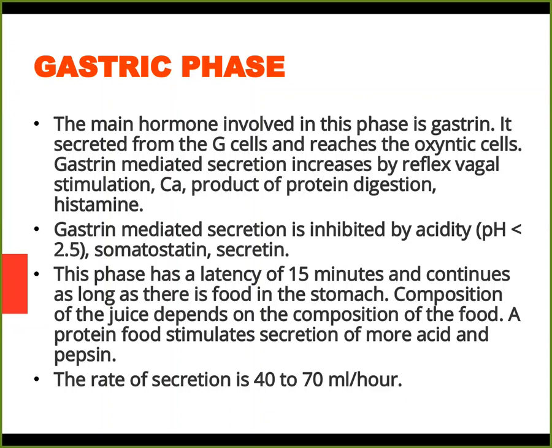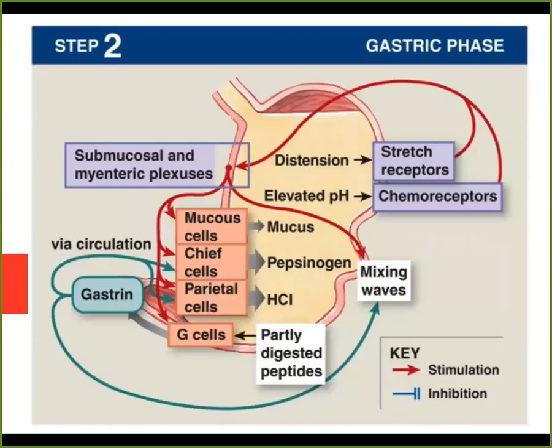This stage happens about 15 minutes after food intake, not as fast as the cephalic stage, but the more powerful combination of neural and hormonal mechanisms together gives the ability to produce much more gastric juice, and this activity may continue for a longer period of time.